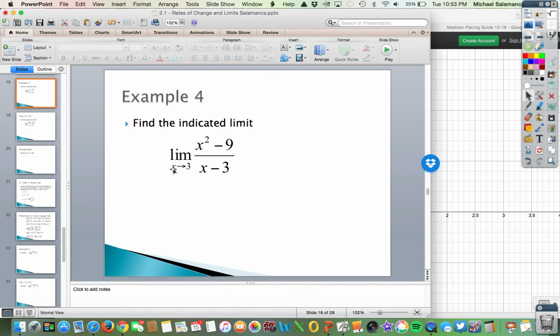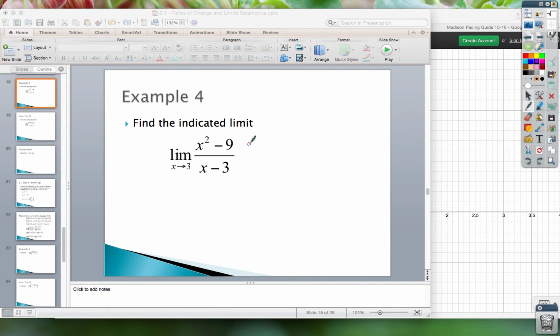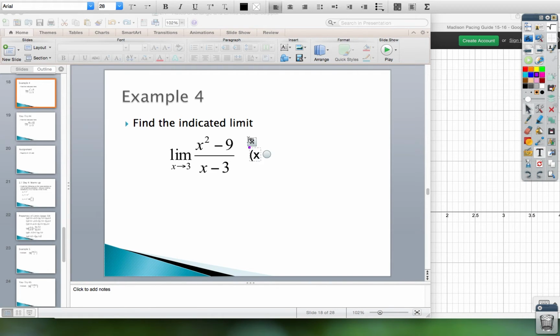So in example 4, if we substituted the 3 in the denominator, we'd get 3 minus 3, which is 0, therefore undefined. So what we're going to do first here is factor. So again, we have a difference of two squares. So we have x plus 3 times quantity x minus 3, all divided by x minus 3.